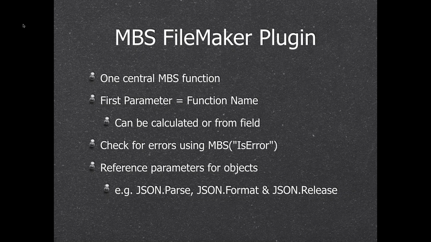For every function, there's a possibility that there's an error, so you can check with the MBS is error function whether the last function on the same script caused an error. And this is per script, so it's thread safe, and you can use it on the server with several scripts running in parallel. A lot of functions use reference parameters. For example, if you pass a JSON block, you get back an ID, and this ID is then passed into other JSON functions.